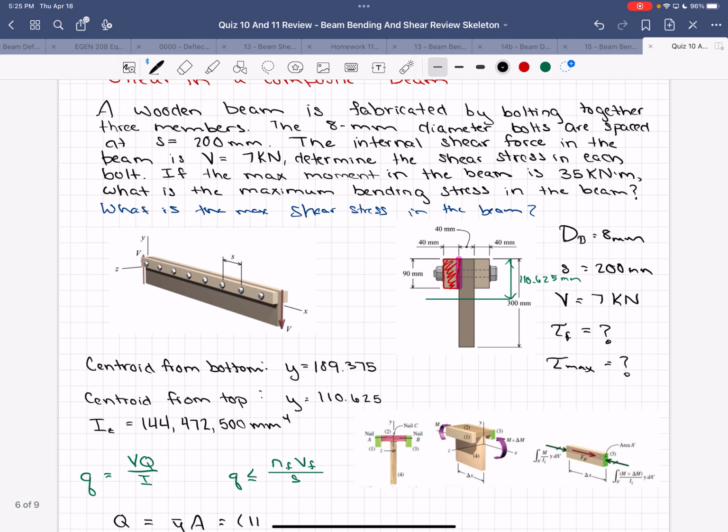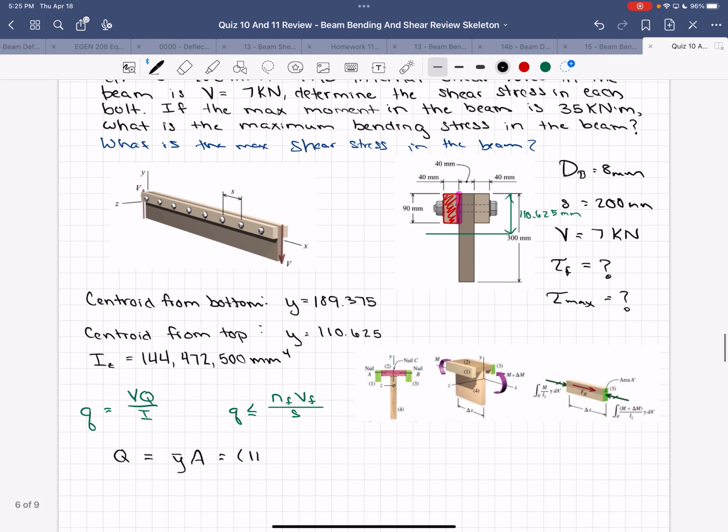So this is our Q area. We go all the way to the top, halfway down. That's where we're at. 110.625 millimeters minus 90 over 2.